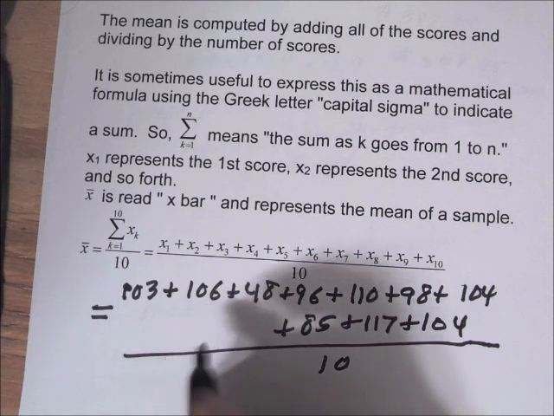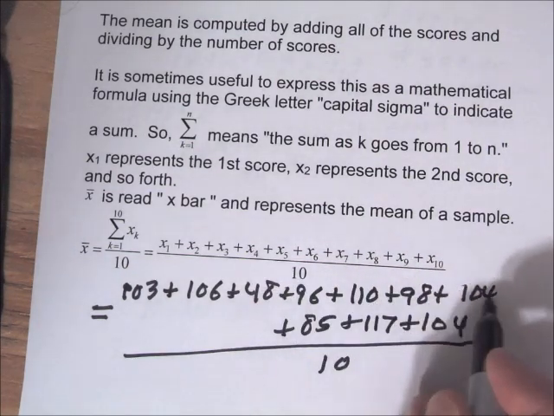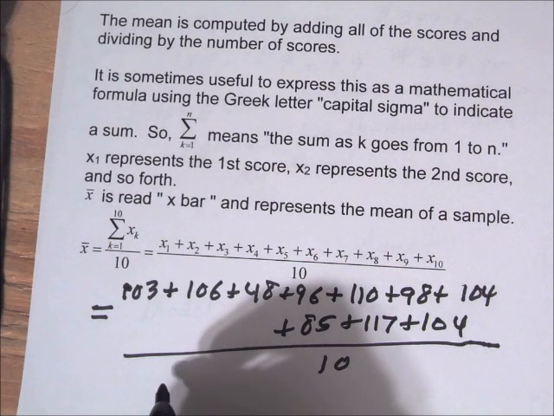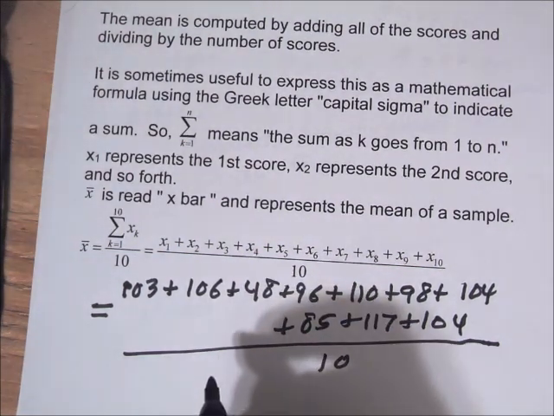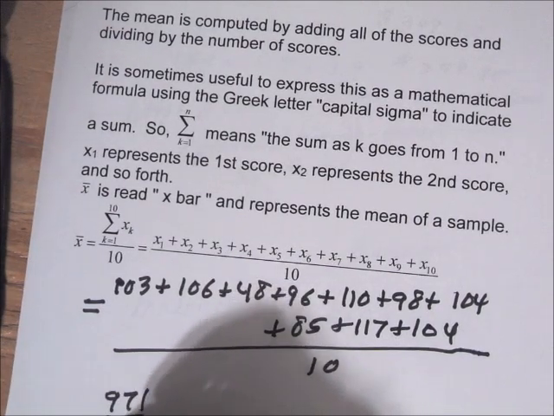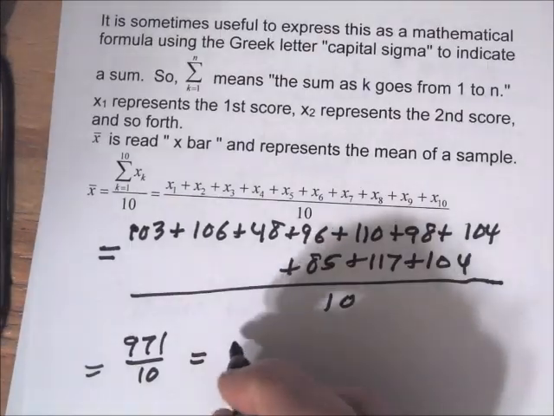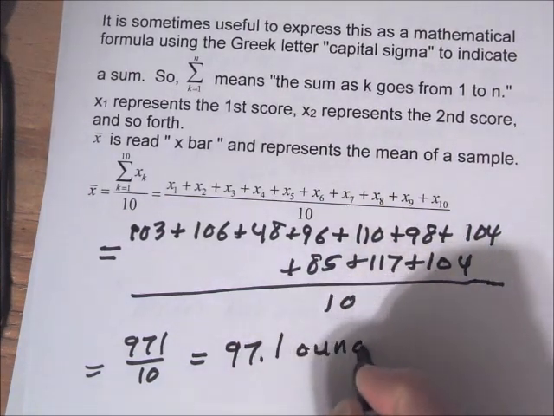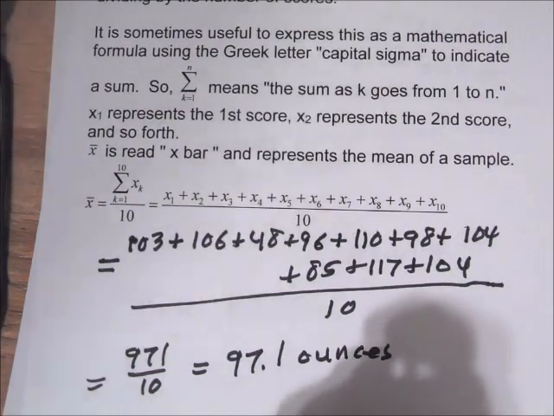So if we add these all up, 1, 2, 3, 4, 5, 6, 7, 8, 9, 10. Add these up, it comes out to be 971, I think. It was 971 divided by 10. That's going to be 97.1 ounces. So the mean is 97.1.